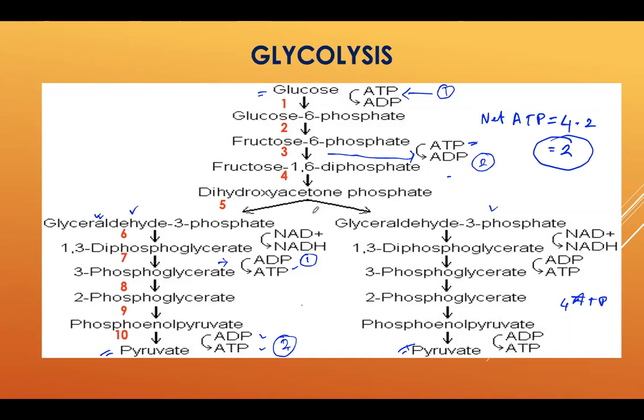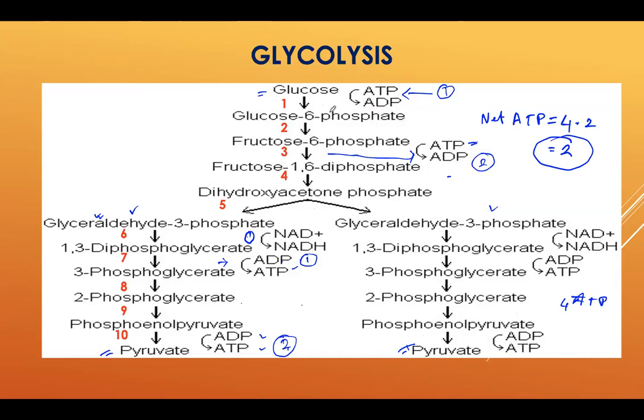Okay, and we can see over here 1 NADH. So basically 1, 1. So 2 NADH. So what's the end product of glycolysis? 2 molecules of ATP, 2 molecules of NADH, and 2 molecules of pyruvate. That's the end product. And you have to memorize the end product.